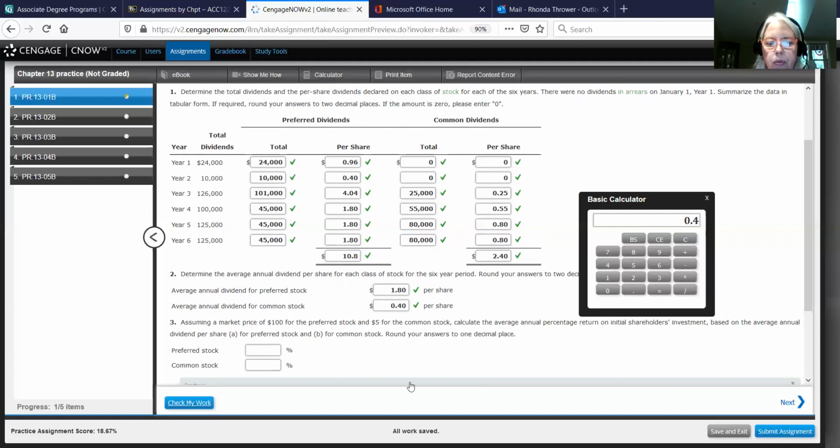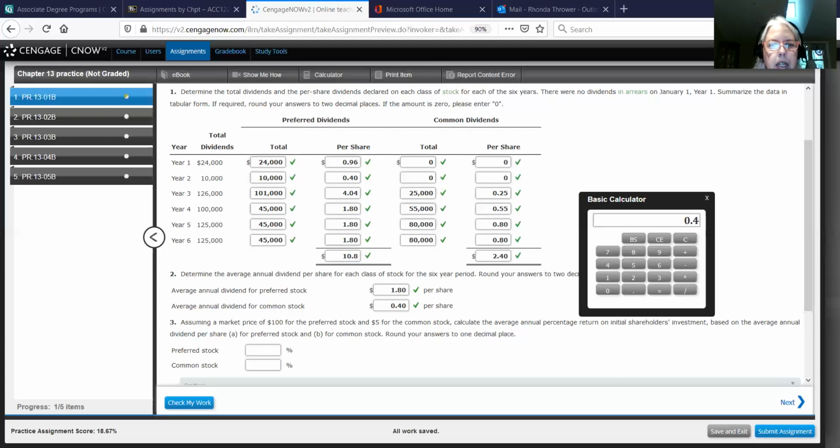So I'm going to flip for just a minute back to the Excel spreadsheet that I prepared for you for this problem. I'm going to scroll to the bottom and look at requirement number 3. Notice the average annual dividend per share of preferred stock is going to be divided by the market price of preferred stock to get the average return on your investment.